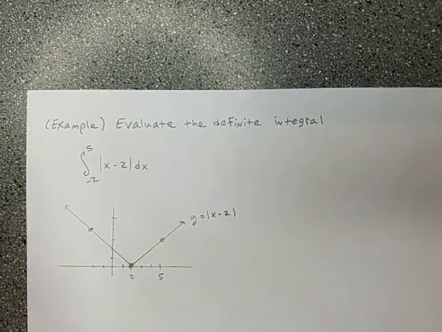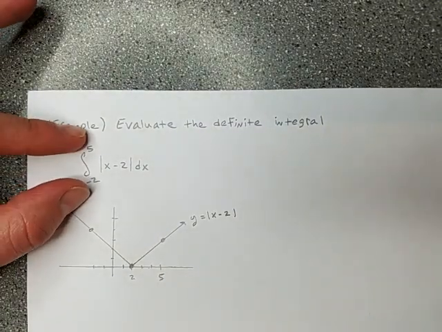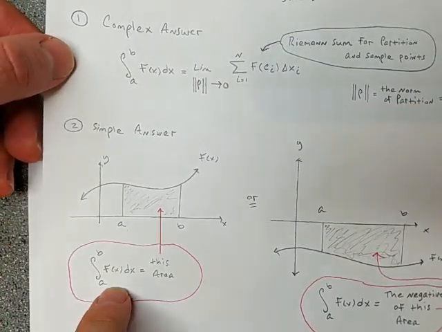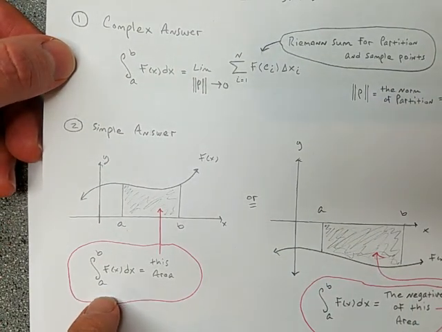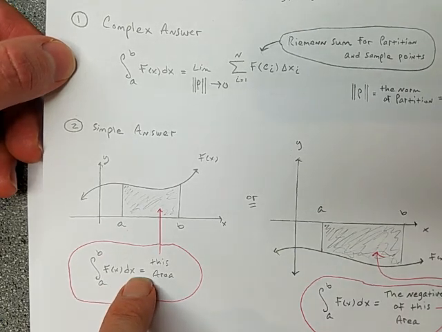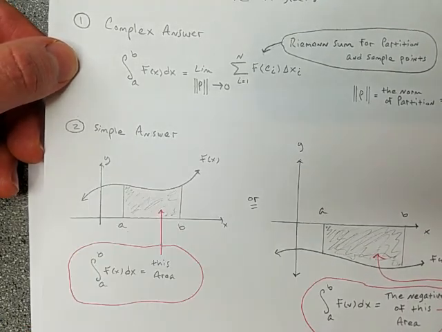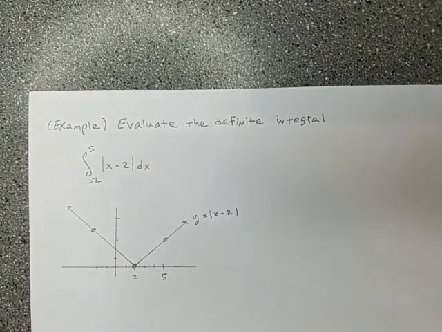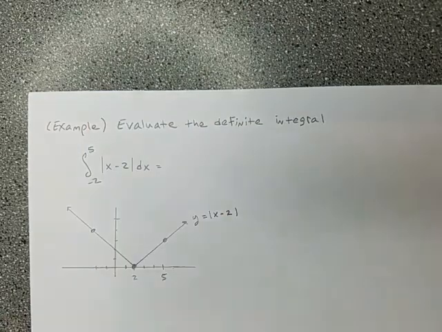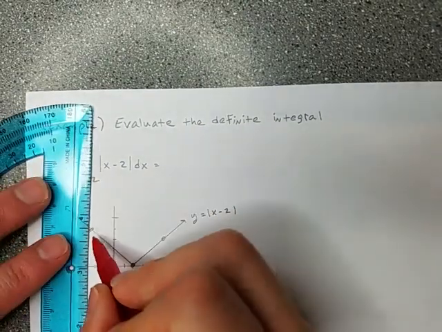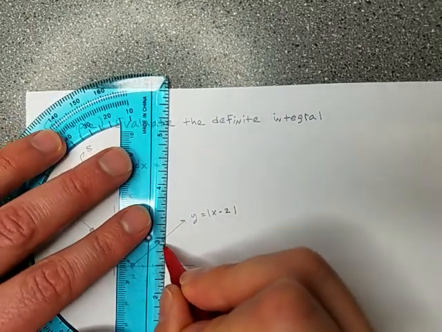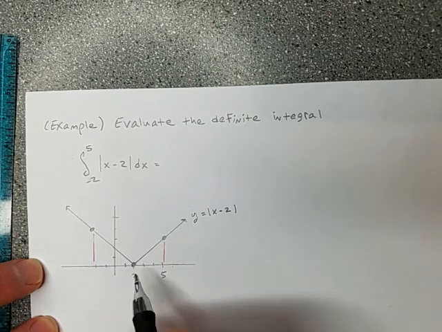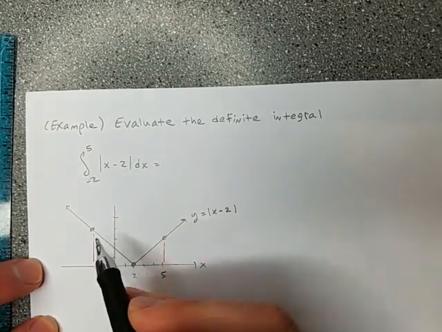Okay, now, how should we think about this? Do you remember what I just told you about how to think about what the definite integral means? The definite integral is equal to this area right here. So, in other words, what this is calling for in terms of a calculation is the area contained by this curve and the x-axis from -2 to 5.